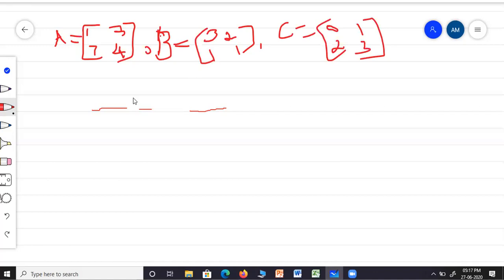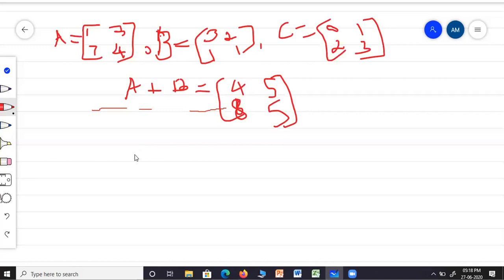Now, according to the associative law, first we'll find A plus B. You can see that we can add the first elements from A and B: 1 plus 3 equals 4, 3 plus 2 equals 5, 7 plus 1 equals 8, and 4 plus 1 equals 5.